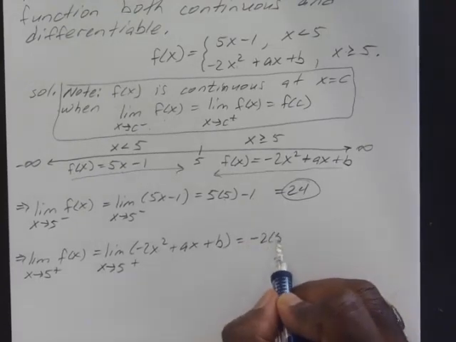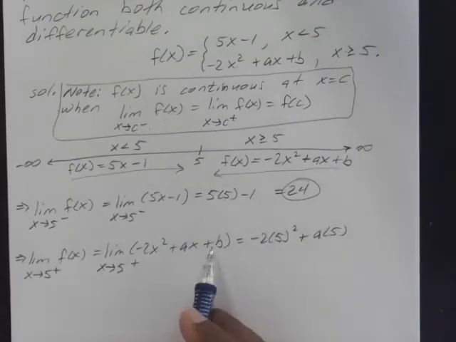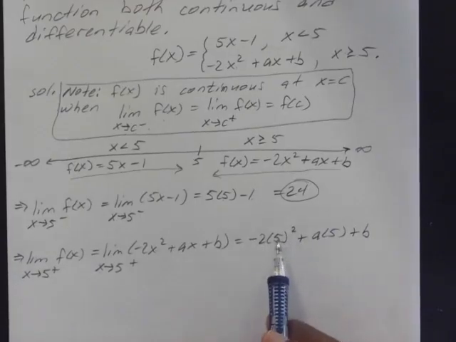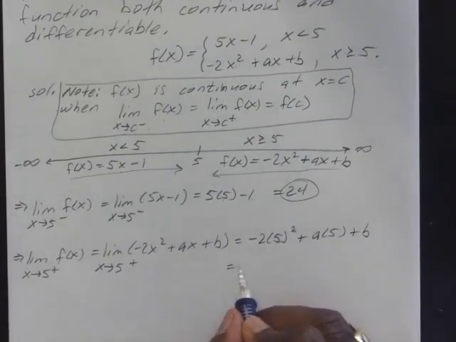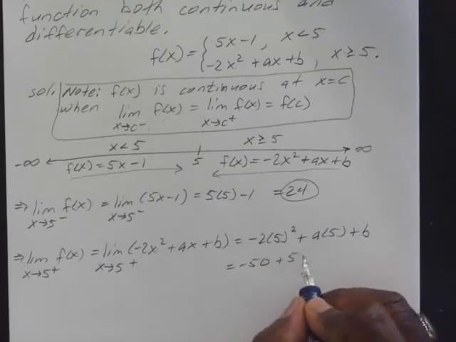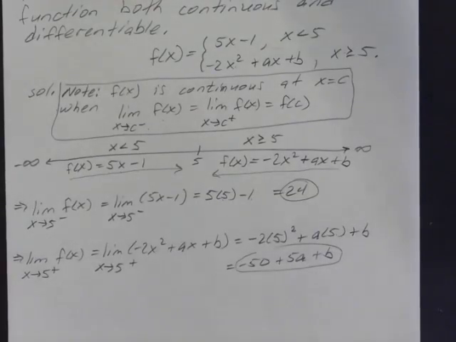That's negative 2 times 5 squared plus a times 5 plus b. Okay, so if we simplify this, 5 squared is 25. 25 times negative 2 is negative 50. So we get negative 50 plus a times 5. We can rewrite that as plus 5a plus b. Okay, so that's the limit of f of x as you approach 5 from the right.